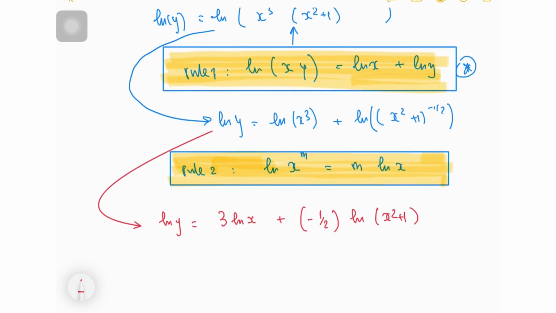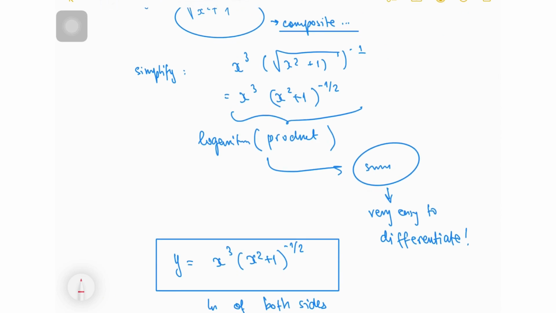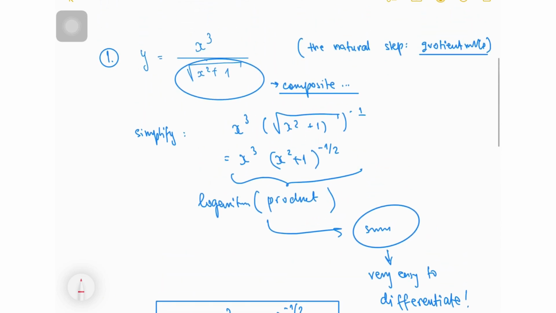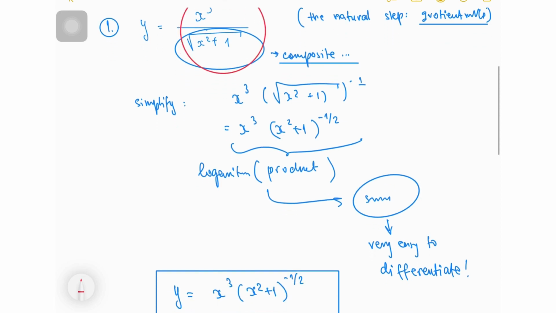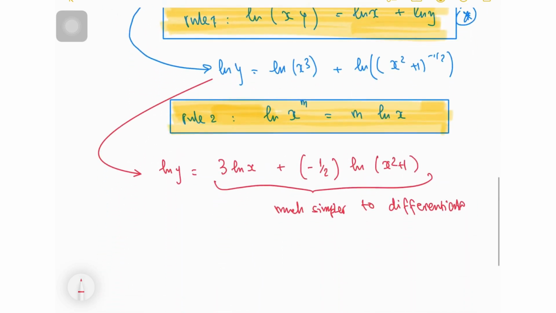Now this is much simpler to differentiate than the starting one. This function here is very complicated for differentiation, but we have managed using ln logarithms to make it much simpler.